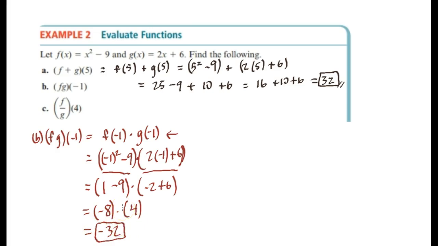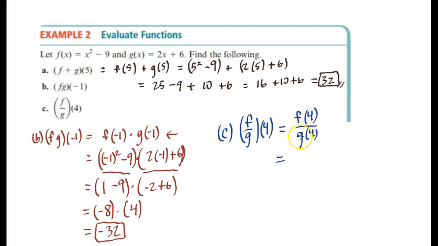And then the last problem we'll do now is f divided by g of 4. Here we want to apply the property for algebra of functions, f of 4 and g of 4. We're going to be dividing. We can look at these individually, similar to before.